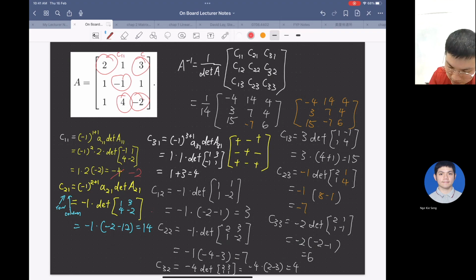And then this is C13. This is C22, and then this is C23, and then this is C33. Okay, we need to change this.